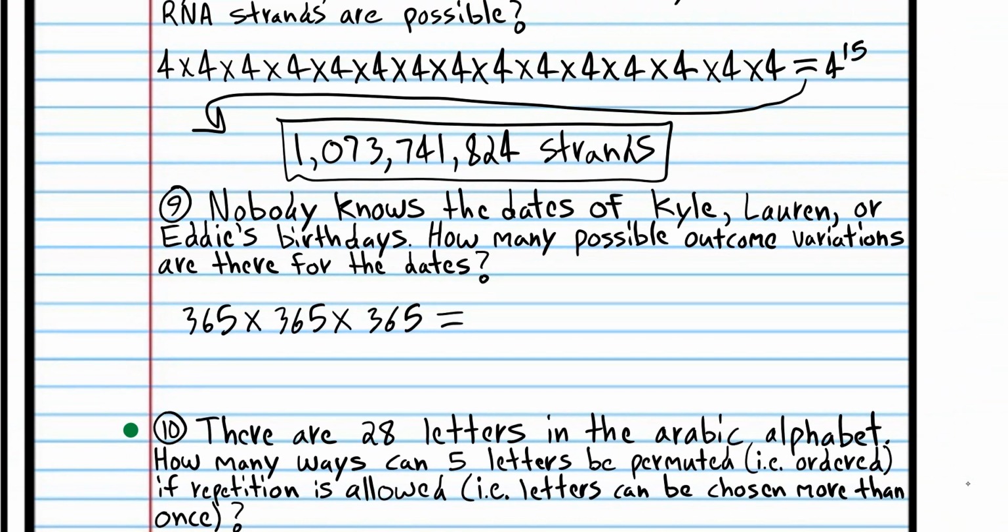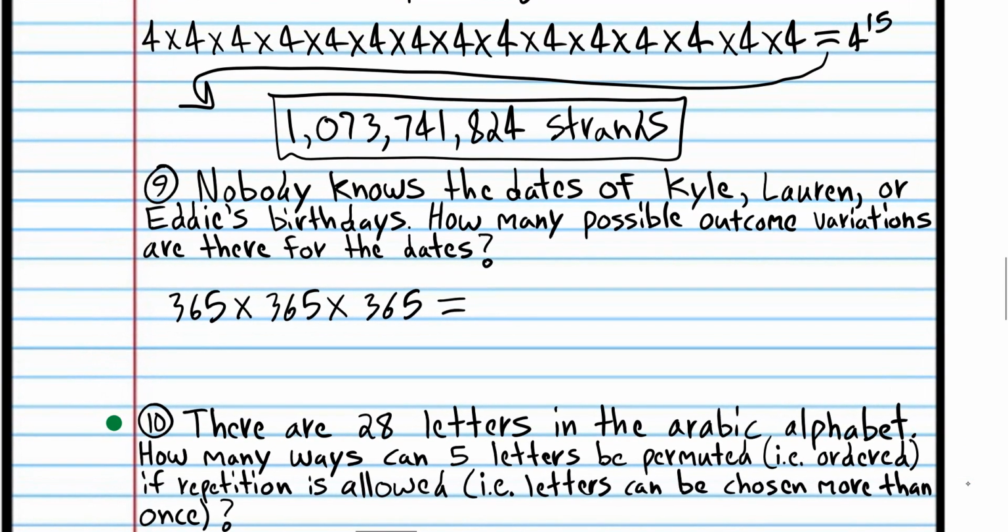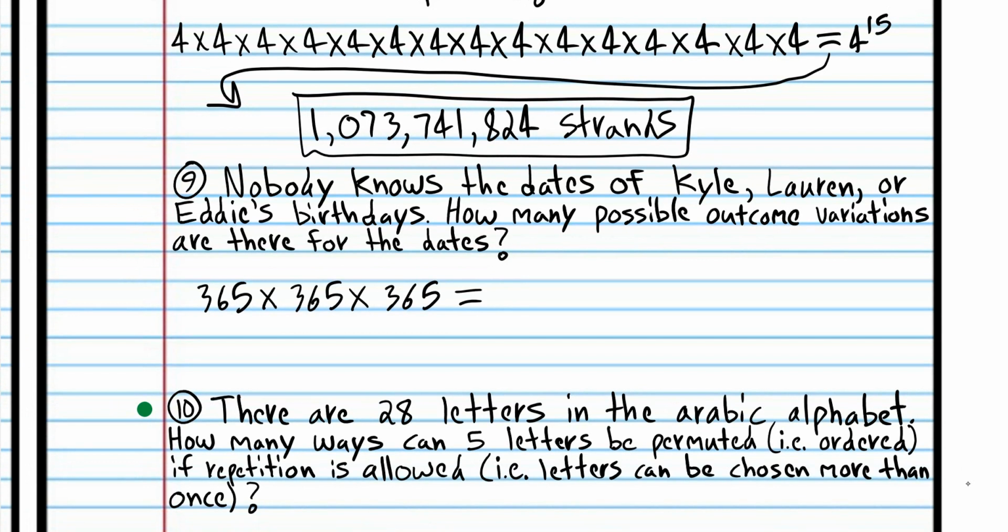And again, we don't know what their birthdays are. We're just determining the possible number of options. And they could all have the same birthday. That's counted in this math that we're doing now.